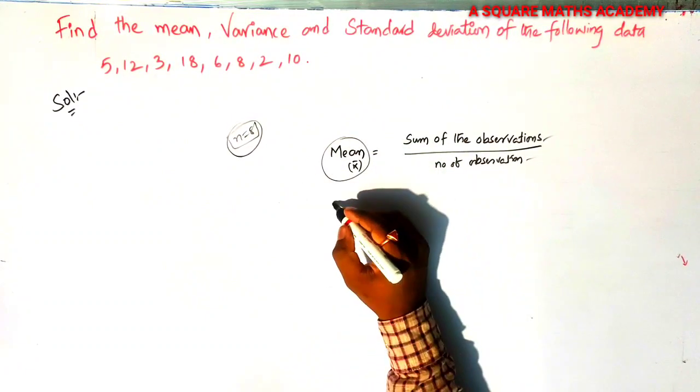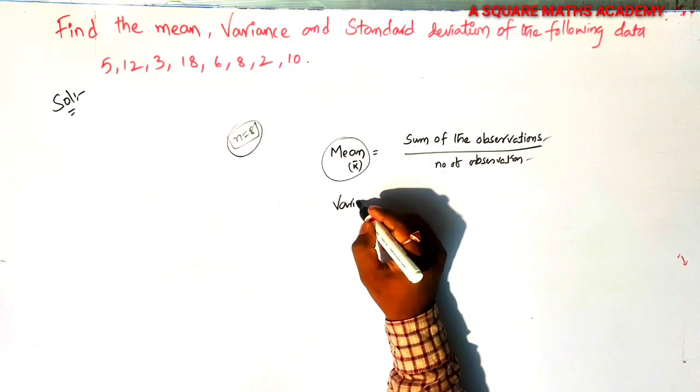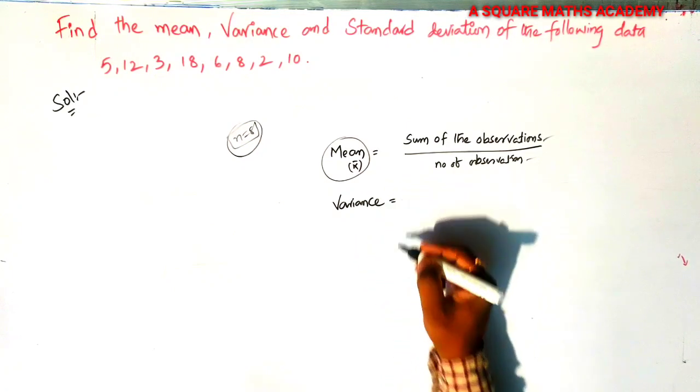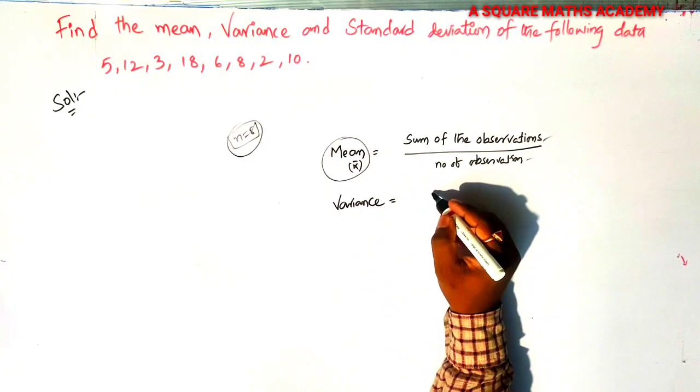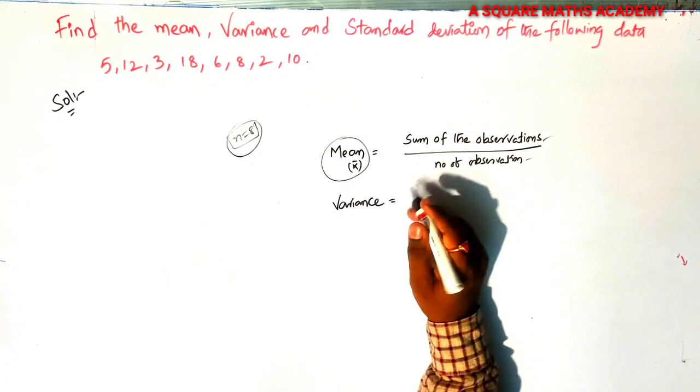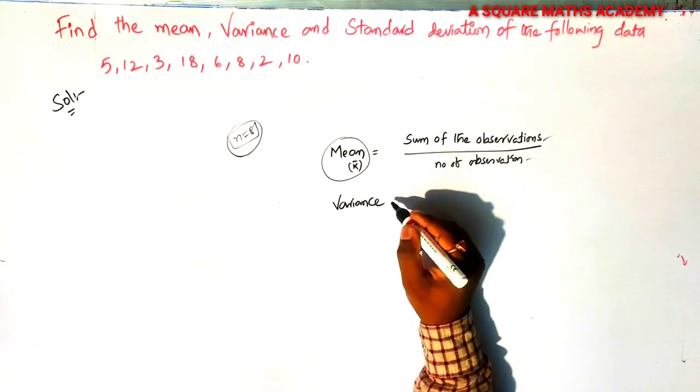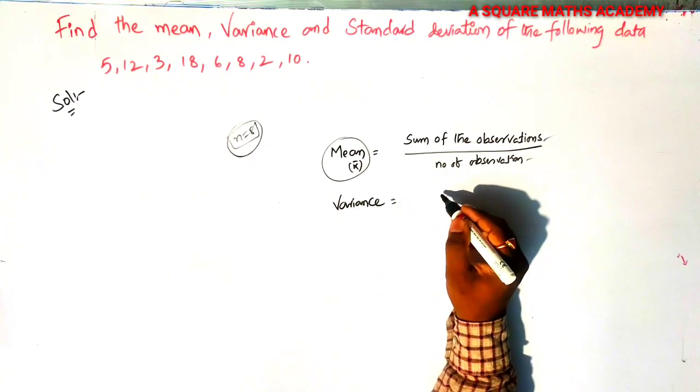Then after that, variance. Variance for ungrouped data: we take care of absolute values, which we already discussed in the previous video.